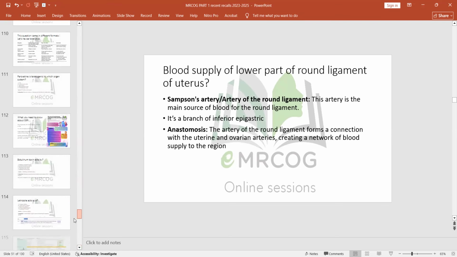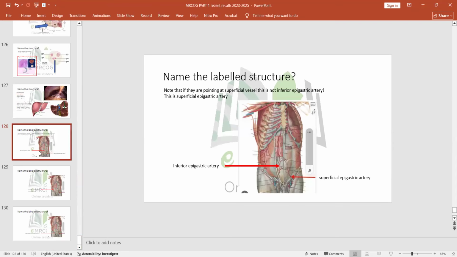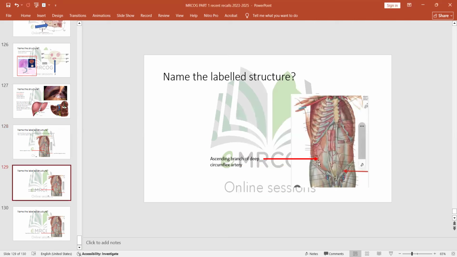One of them, for example, is this. This appeared with different labeling. It appeared once as superficial epigastric artery, and it appeared as inferior epigastric artery, and also as ascending branch of deep circumflex artery.